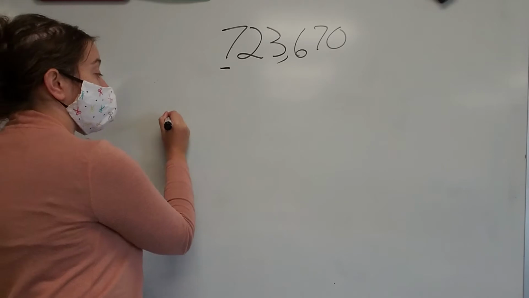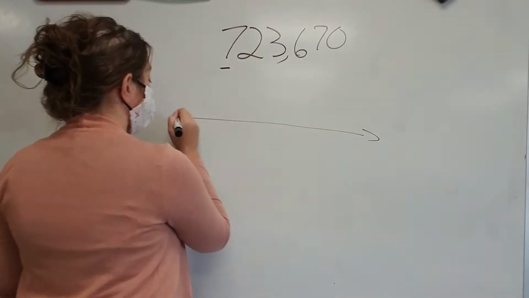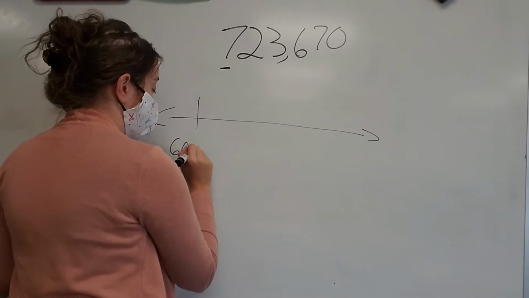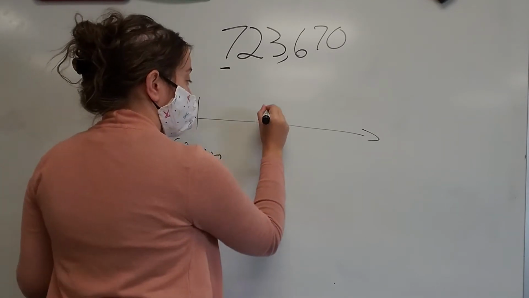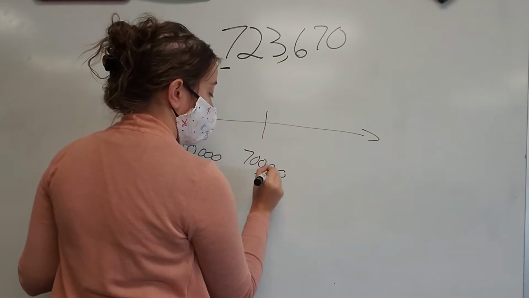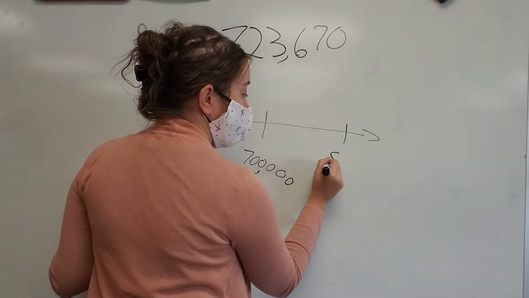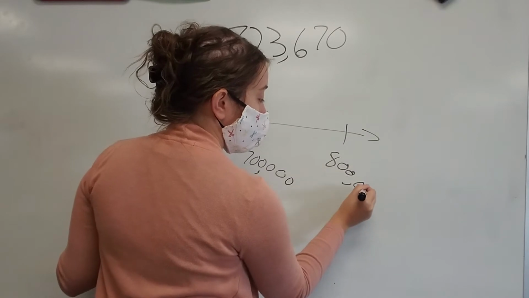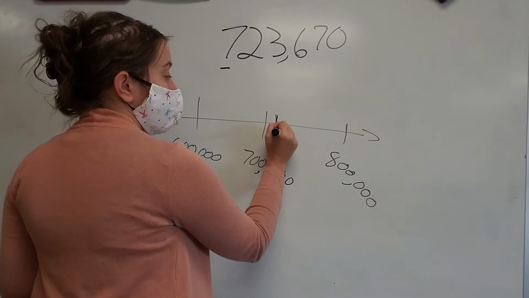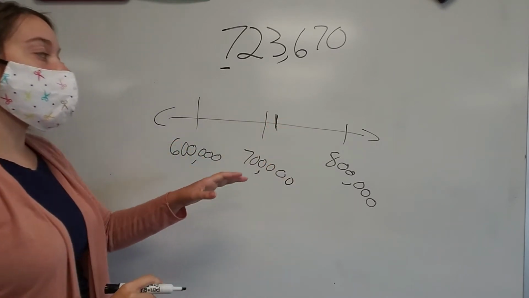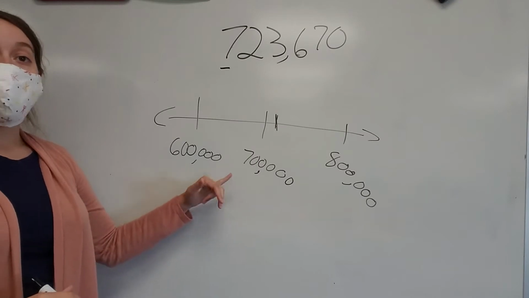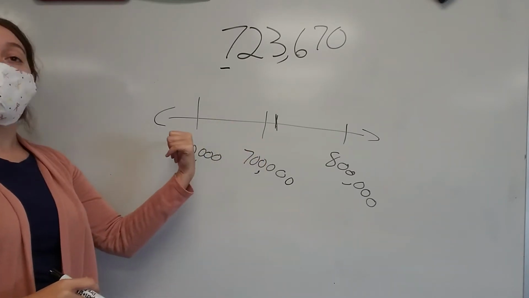Because if I did my timeline, if I did 600,000, 700,000, and 800,000, this number is about right here, right? So when I say I round down to my 700, I don't round all the way down to 600, right?